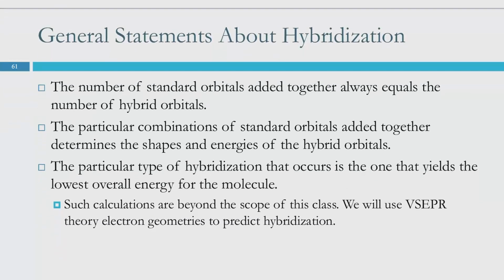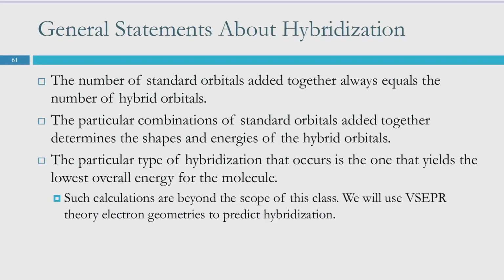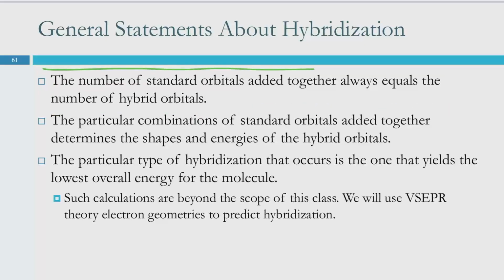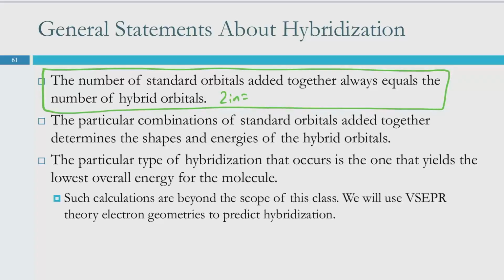Some general statements. This is actually important stuff. This is what I wrote down 2 slides ago. The number of standard orbitals added together always equals the number of hybrid orbitals. 2 in, 2 out. 3 in, 3 out.